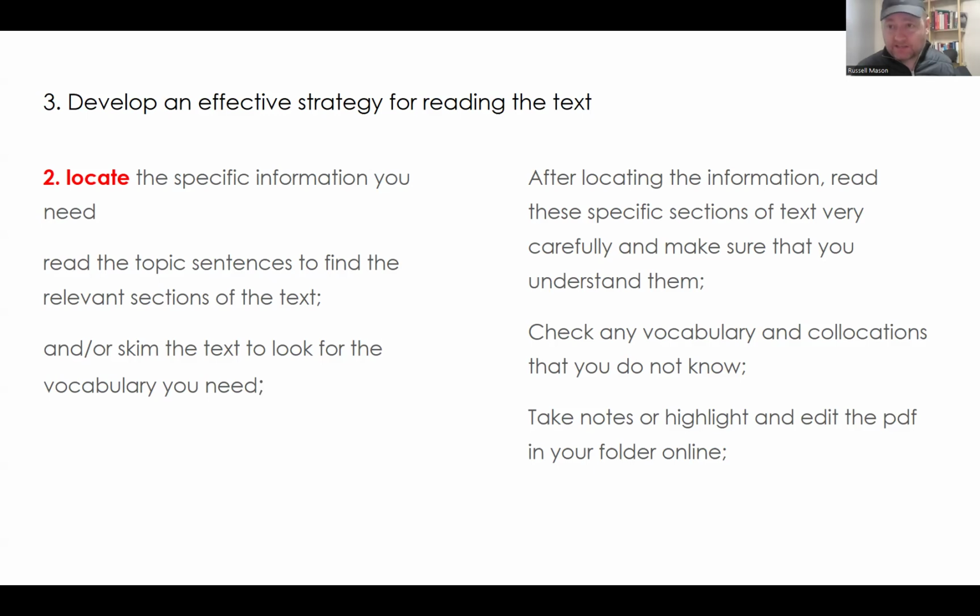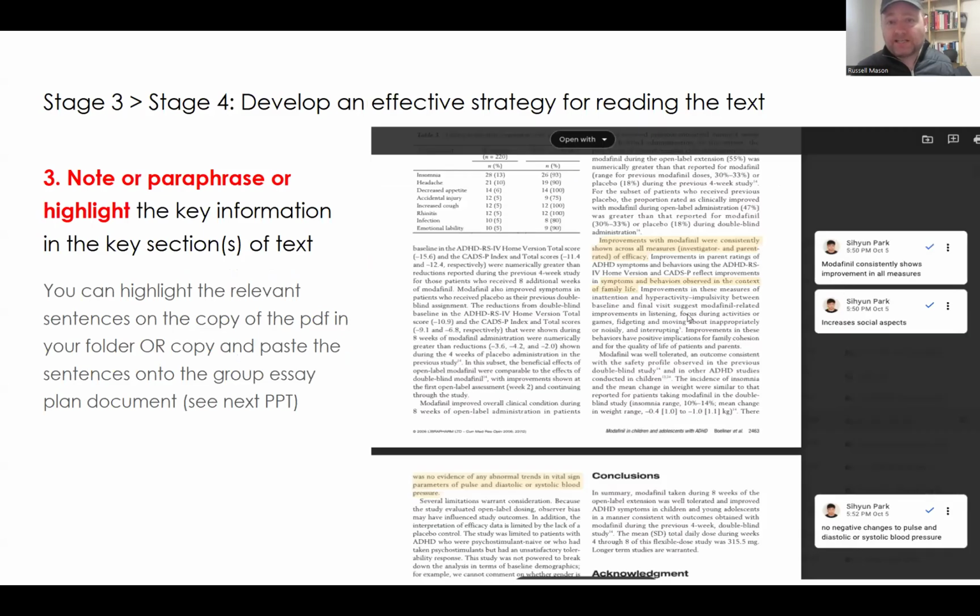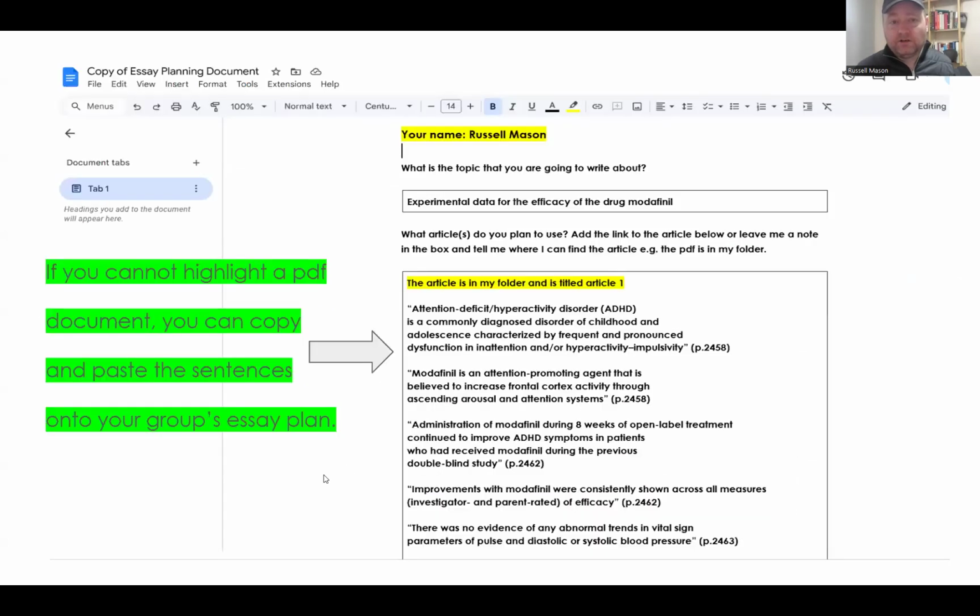We skim the text quickly. We locate the information that we need. We check any difficult vocabulary and collocations. And if necessary, we take notes or we start editing the PDF. We highlight the sentences on the PDF at stage 3, or we can copy and paste the sentences onto the document.